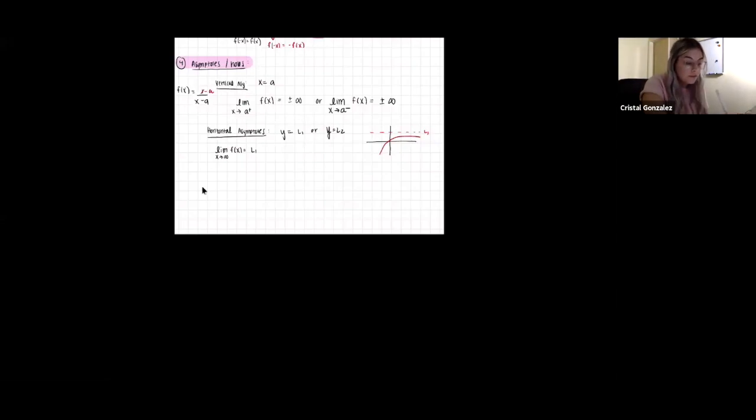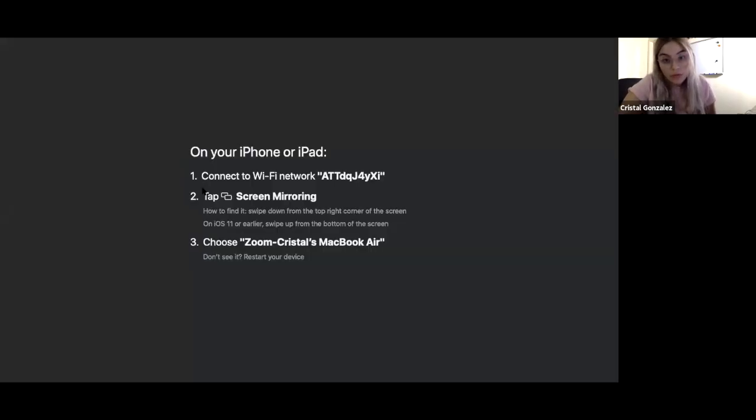So if the limit exists. So you don't always have horizontal asymptotes. It's not always the case you have horizontal asymptotes.